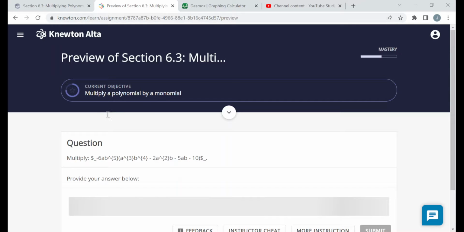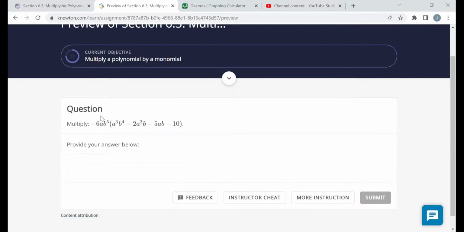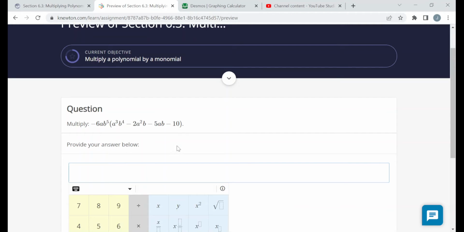Alright, there's one more of these real quick. So again, taking this negative 6a times b to the fifth, this monomial, and distributing it over the 4 terms of this other polynomial in the parentheses here. Alright, so I'll just write them out. The first one will be negative 6a to the 4th, b to the 9th, right, adding the powers, using that product property for exponents.